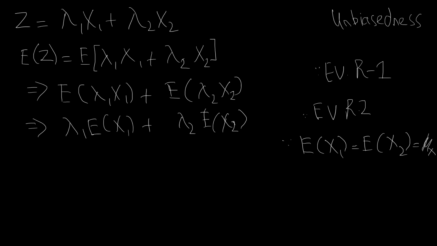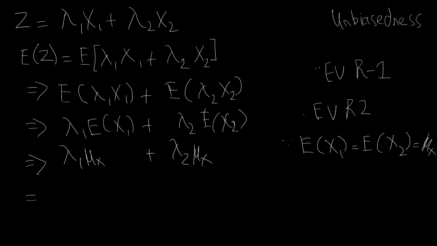As a beforehand concept at the planning stage, the expected value of x in each observation, before we generate the sample, is simply going to equal mu x. Therefore we can replace this with mu x, and what we get is lambda 1 times mu x plus lambda 2 times mu x.